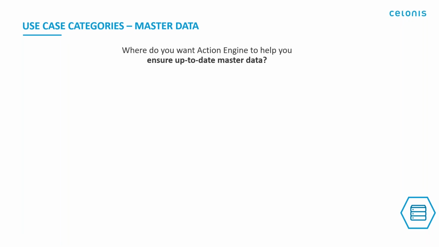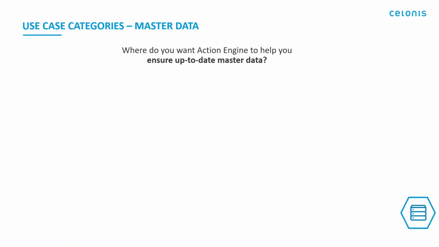And what Action Engine can do there is it can compare your as-is process flow, like it can look at, as an example, the price changes that are being applied to your purchase orders, purchase order items, and it can... many other examples.